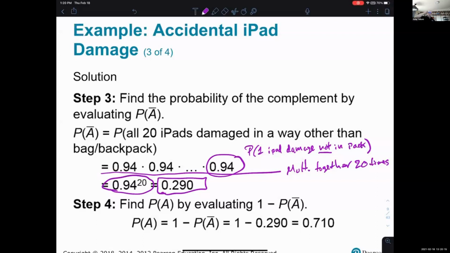So they use this complement rule from 4.2, and they subtract the probability of none in a pack from 1, and that gives them the probability that at least one was damaged that way, which is what we were looking for. So if 29% is the likelihood of having none of them damaged that way, then 71% is the likelihood that at least one of them was damaged that way.